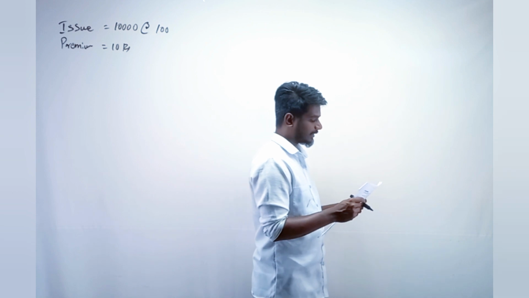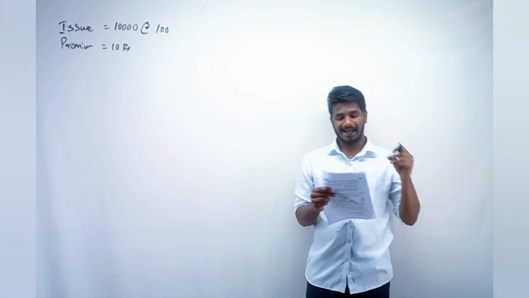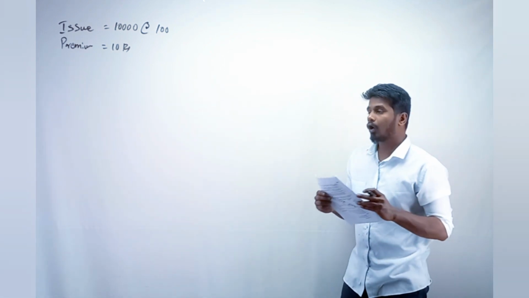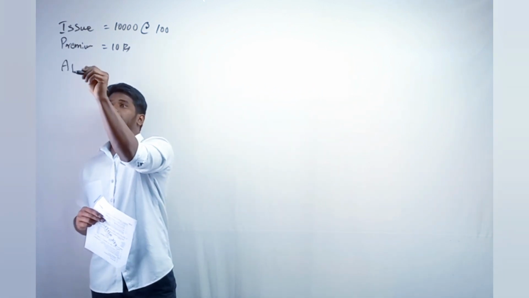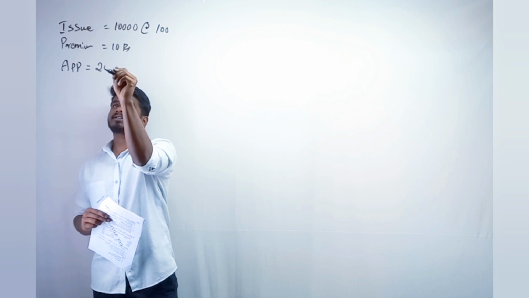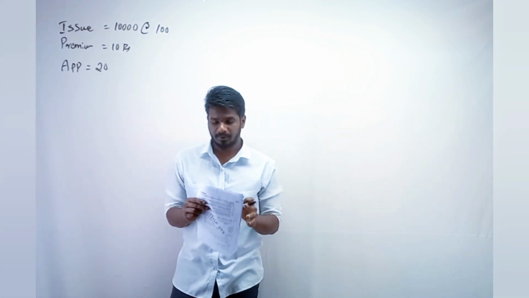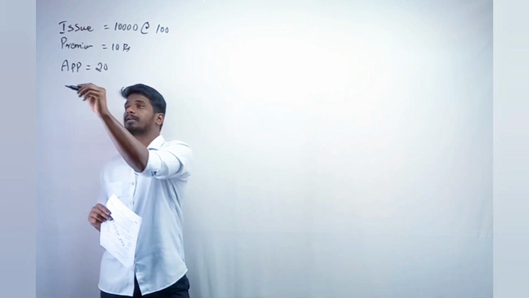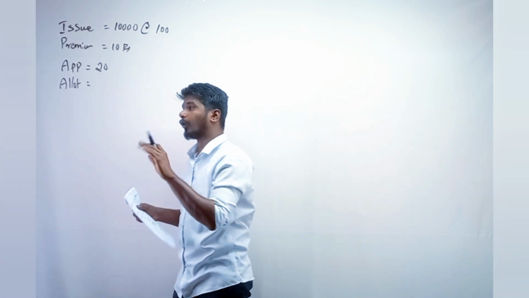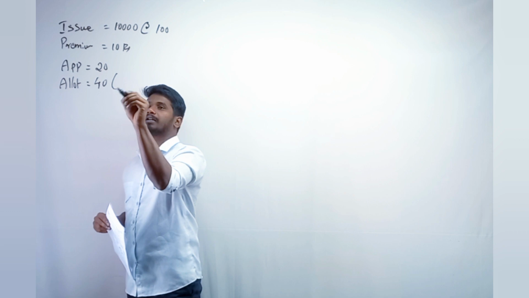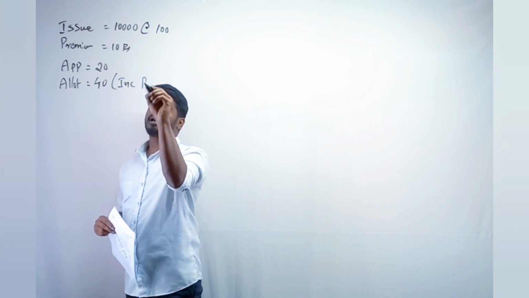So in the next line, the amounts payable is as follows. On application, they are receiving 20 rupees, and on allotment, they are receiving 40 rupees, but including premium.